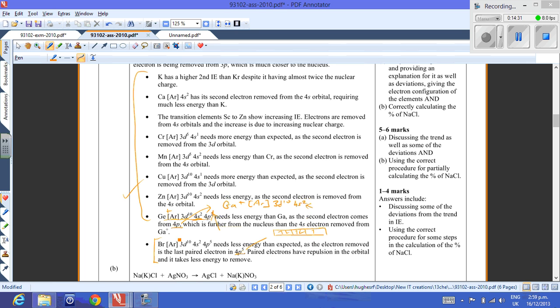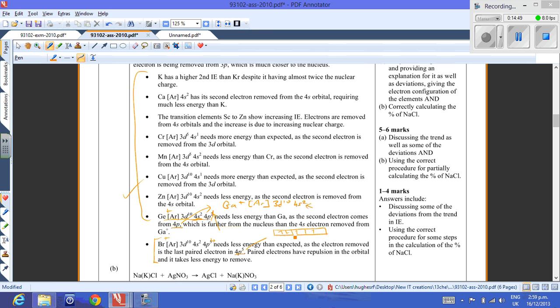Okay, so again, I'm confusing you here because this is the elemental stage. The ion is going to be 4p4, and so that situation is going to be like that, and your 4 electrons are going to be arranged like that.